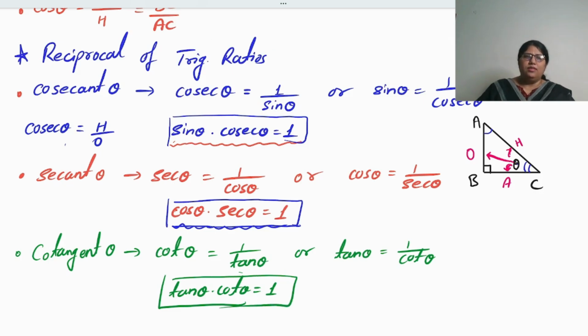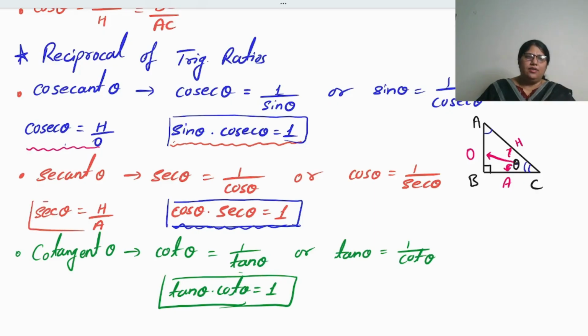Now, other than this, if I want to write as a ratio, then you know that cosec theta is hypotenuse by opposite. Then what is secant, sec theta? It is nothing but the reciprocal of cos theta. Cos theta is adjacent by hypotenuse. So sec theta you can write as hypotenuse by adjacent.